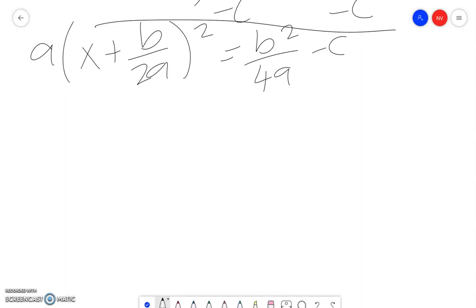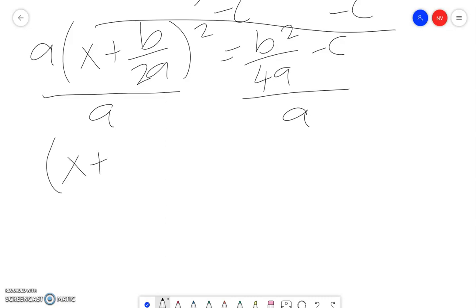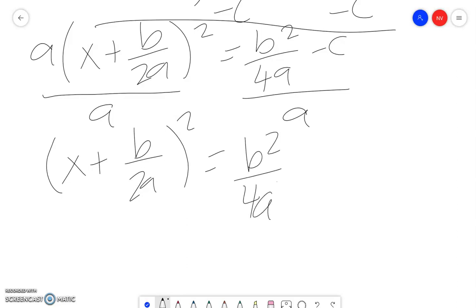So we are going to divide both sides by a, which is the same thing as multiplying by 1 over a. So then that makes the right side into b squared over 4a squared minus c over a.